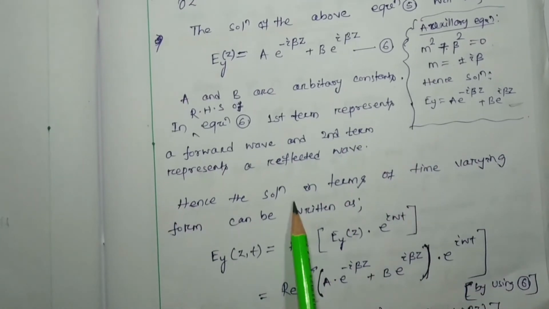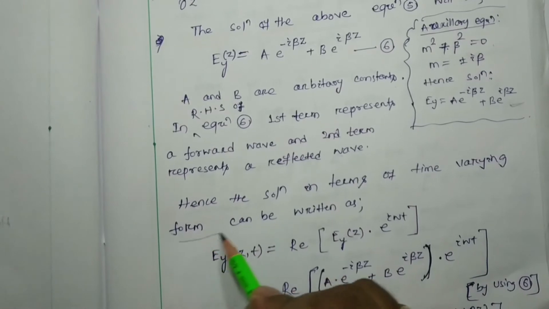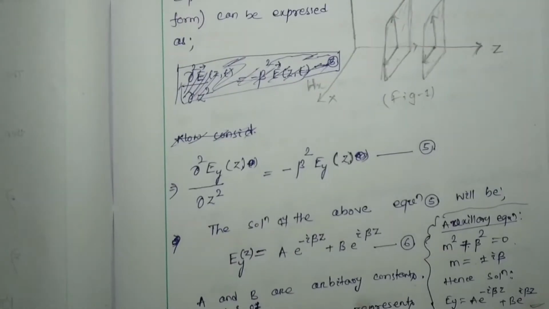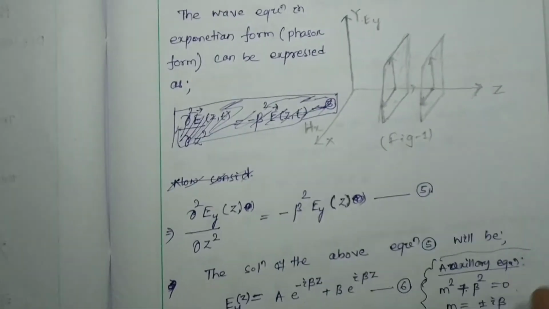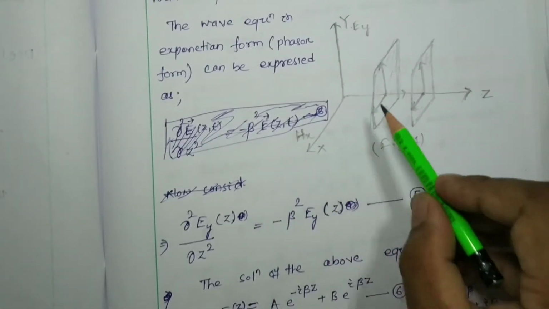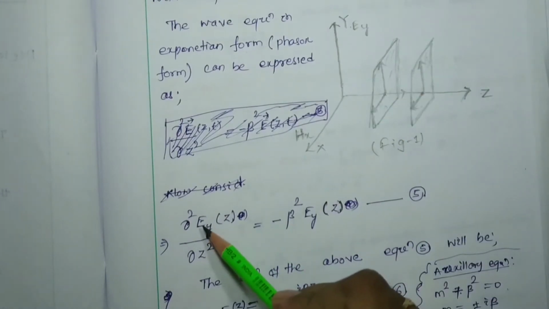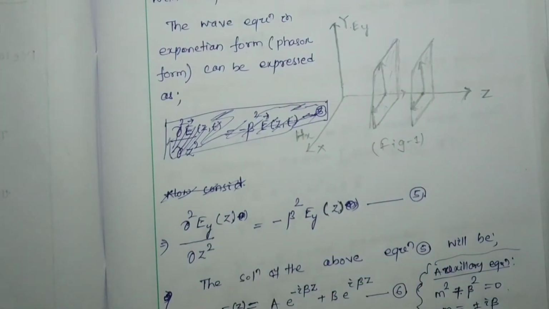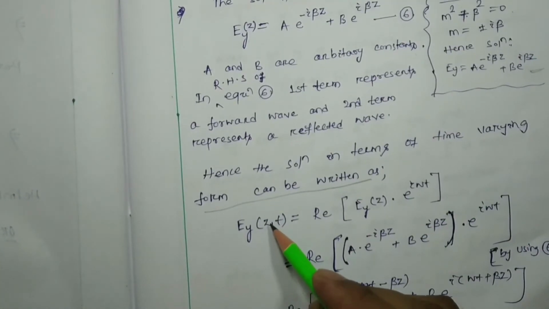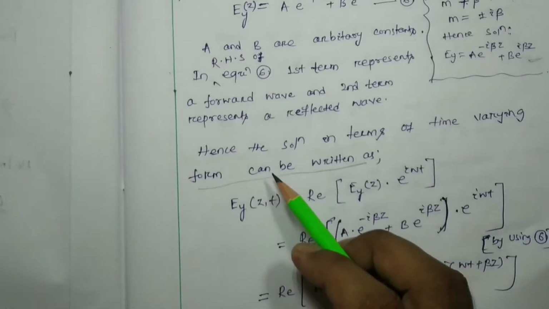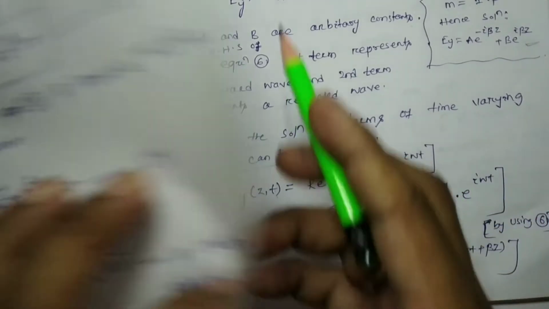So hence the solution in time varying form can be written as follows. This is the representation only in z varying form, only with respect to z, what is the change of Ey. But if we consider Ey as a function of both z and t, then what will be the solution?